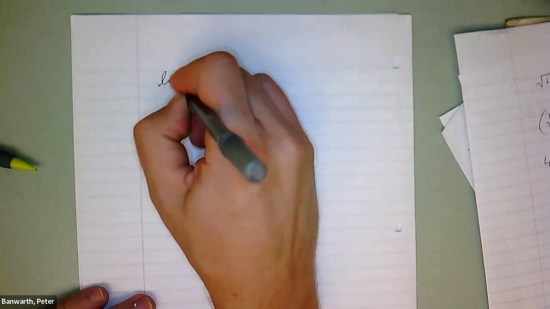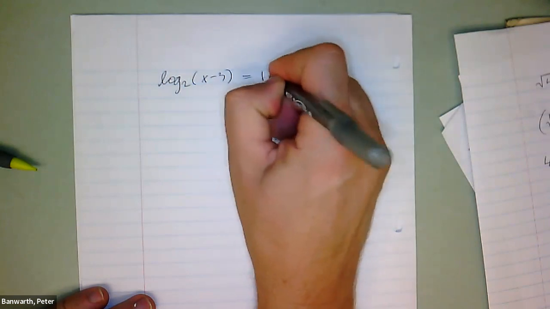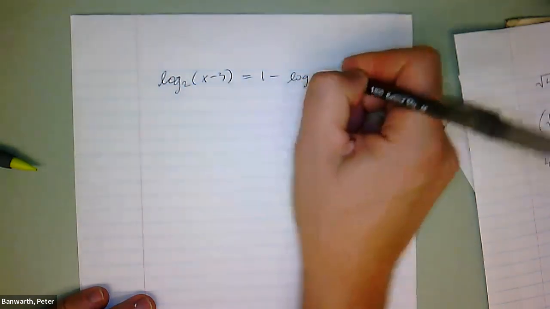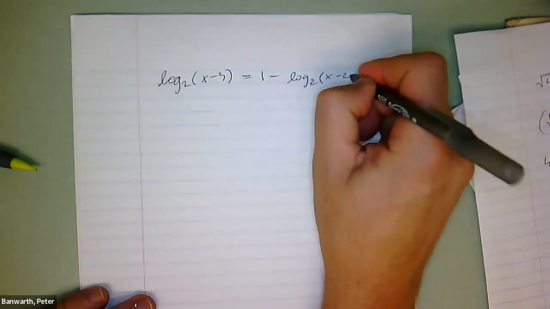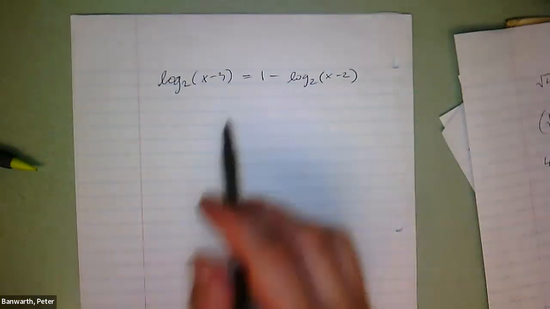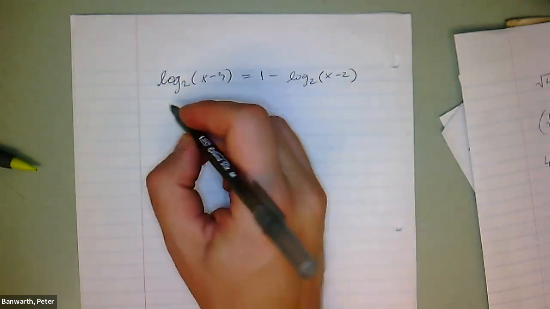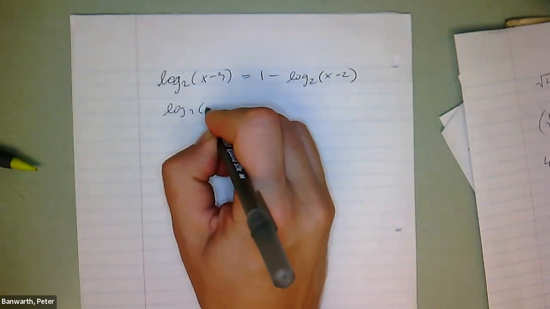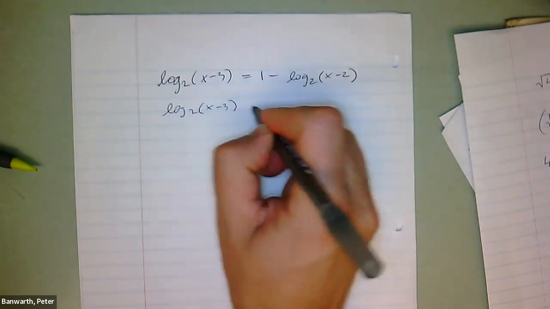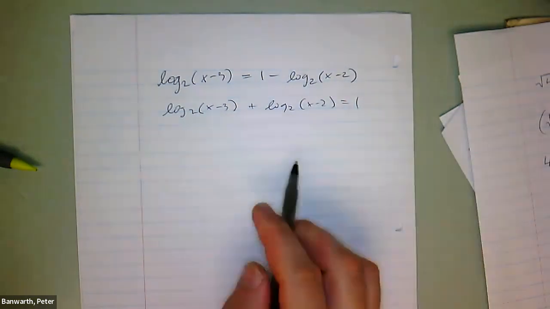So let's consider log base 2 of x minus 3 equals 1 minus log base 2 of x minus 2. So again, we isolate the logs. Plus log base 2 of x minus 2 equals 1.